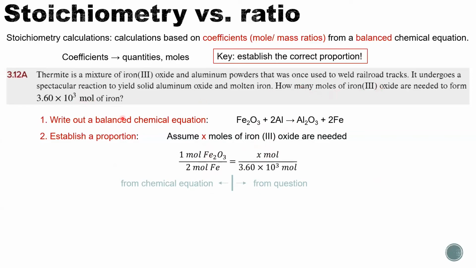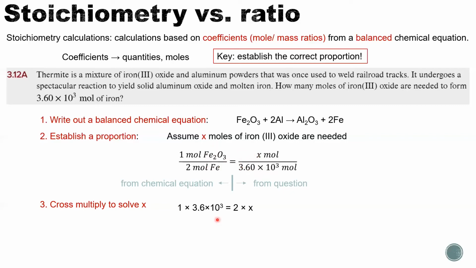Once we establish this proportion, we can cross multiply to solve for X. You cross multiply these 4 items, and the cross products are equal to each other. So 1 times 3.6 times 10 to the third equals 2 times X.